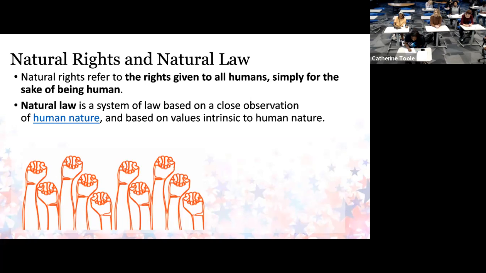Natural law is a system based on a close observation of human nature and based on values intrinsic to human nature. Virtually any human being on the planet will tell you it's wrong to murder at least some people.